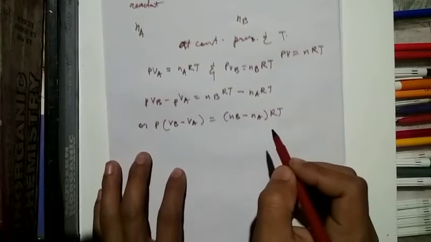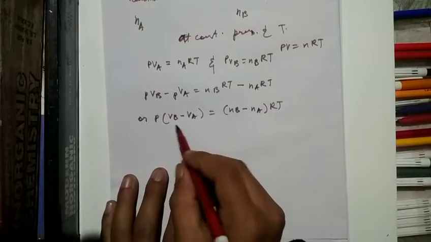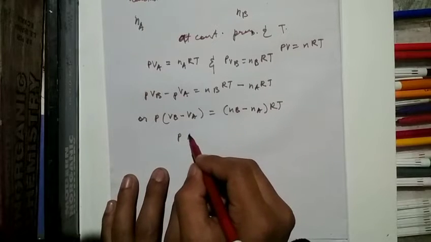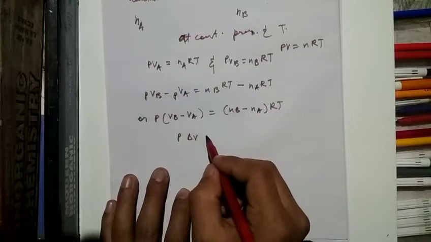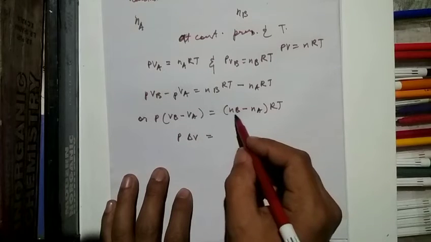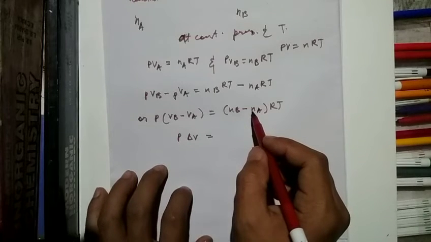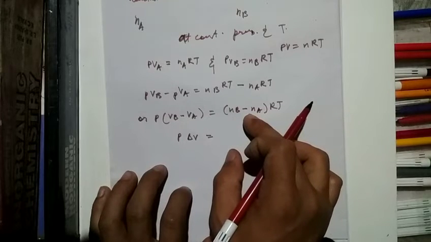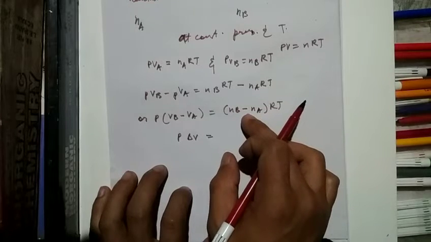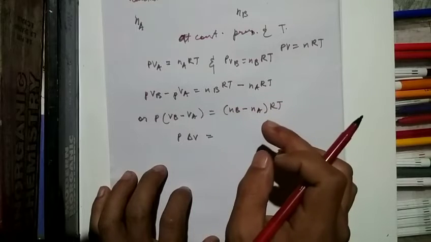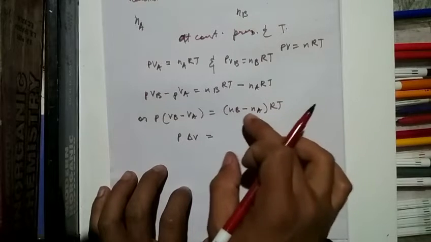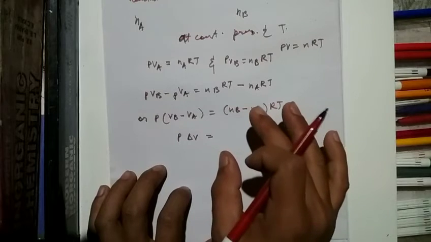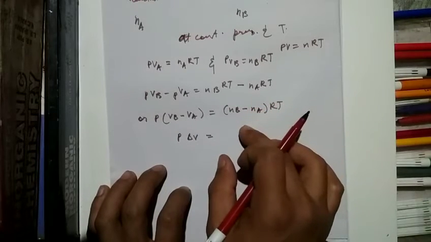So V_B minus V_A will simply give you delta V, change in volume. Now n_B minus n_A is the change in the number of moles of gaseous reactant and product.